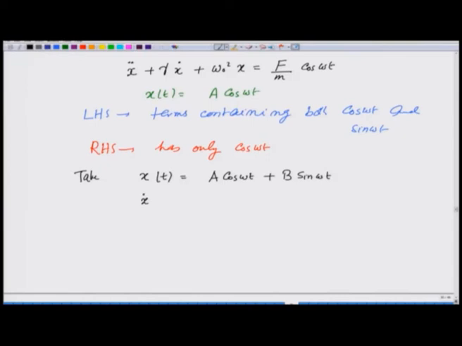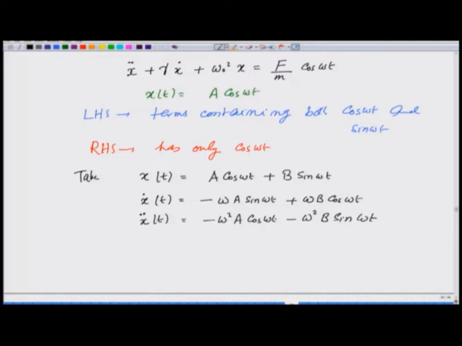So, x dot t is going to be minus omega a sin of omega t plus omega b cosine of omega t, and x double dot t is going to be minus omega square a cosine of omega t minus omega square b sin of omega t.